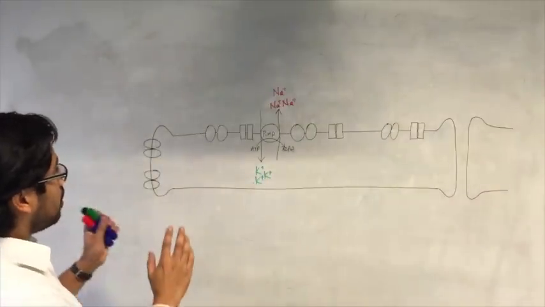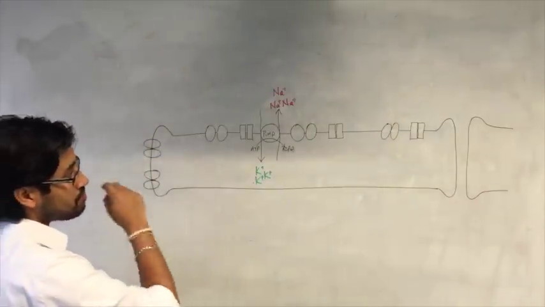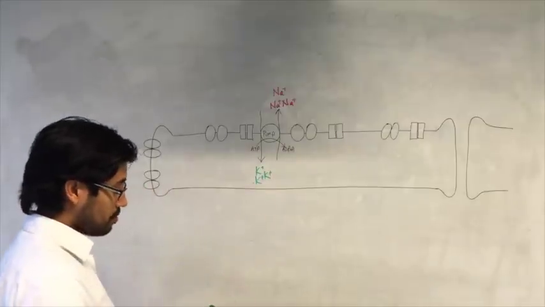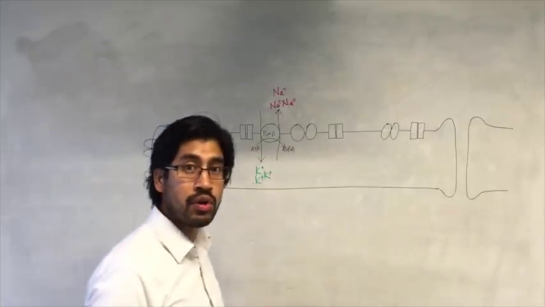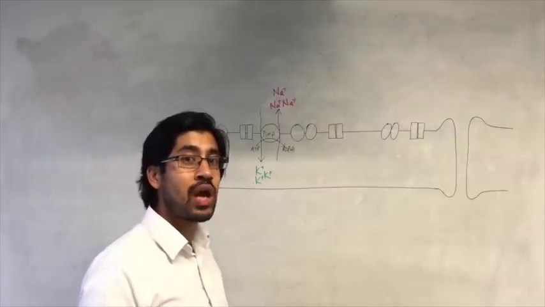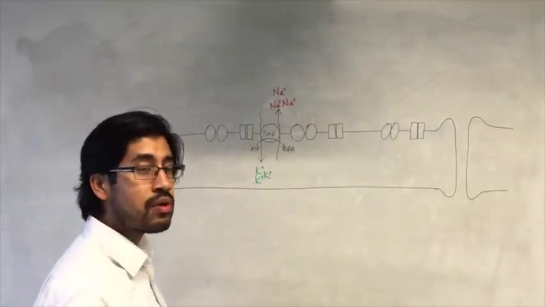So what we have to realize is the signal that's going to be passing along the neuron is an electrochemical one, and it's brought about by the movement of ions.